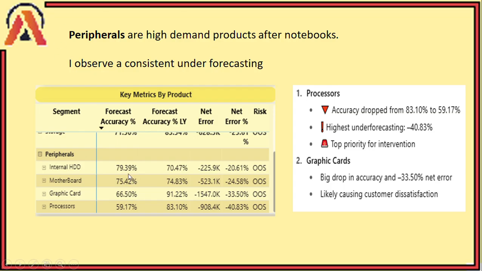If you see the graphic card forecast accuracy compared to last year, it has reduced very much. So this is a top priority for intervention, and we need to get in touch with the right people to understand why this happened, and then follow the next strategic plan.